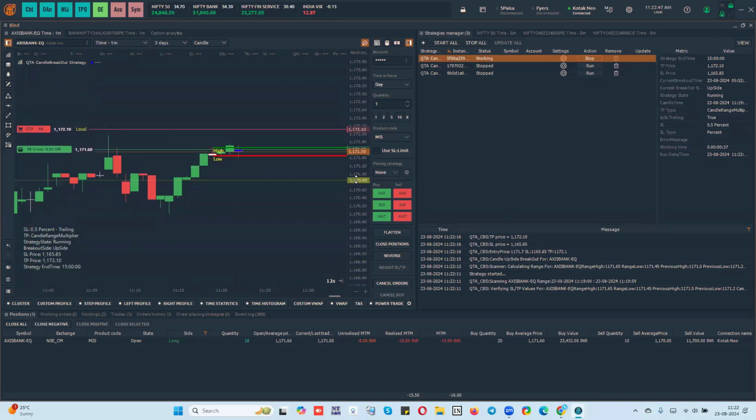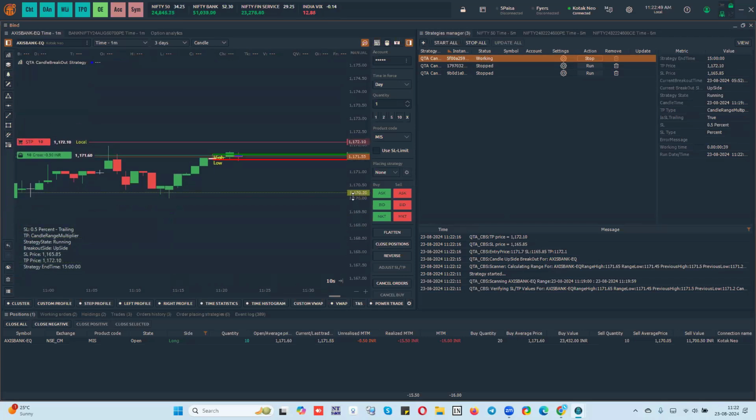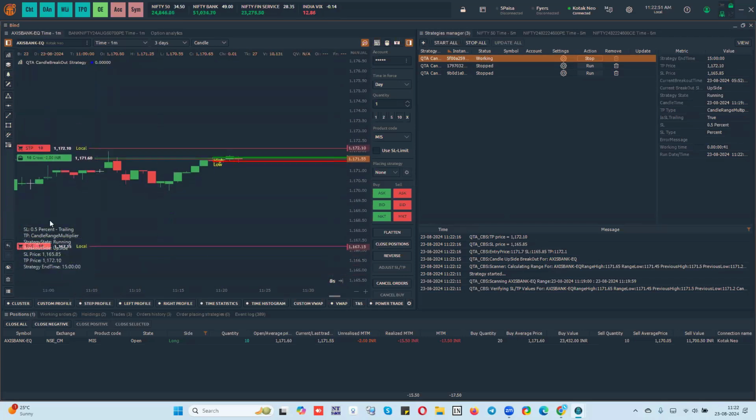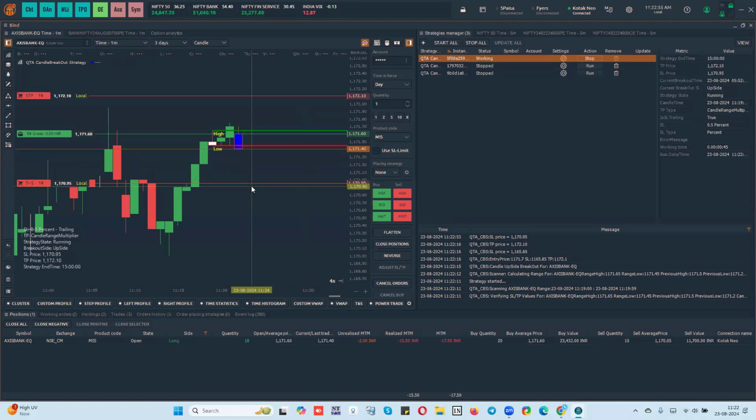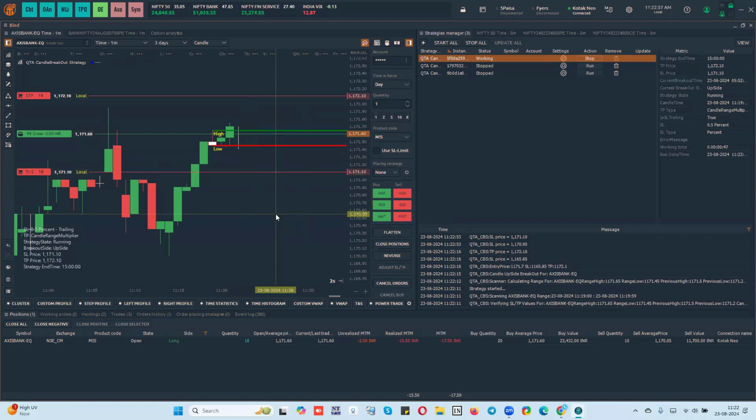If I want to modify the stop loss or take profit, I can do that. So I'll increase my stop loss to a higher level so that we can discuss more examples. After this, I will show one example in options, and then we will move to another indicator.